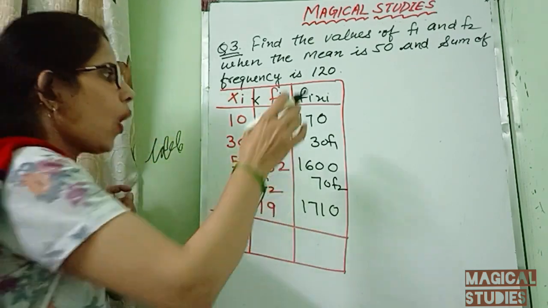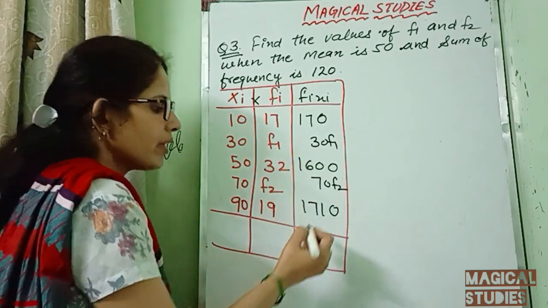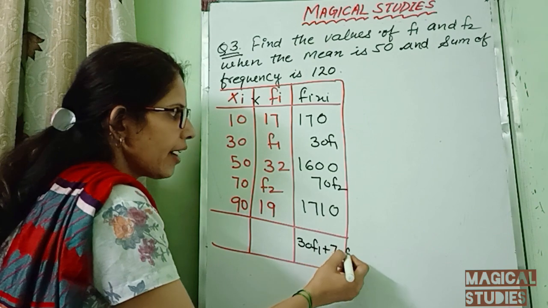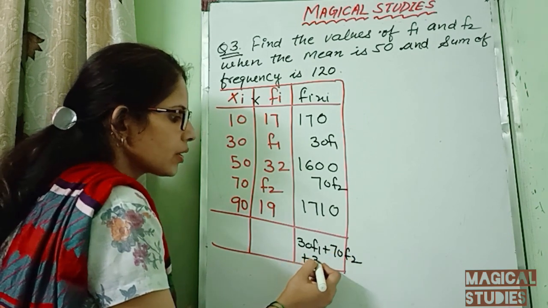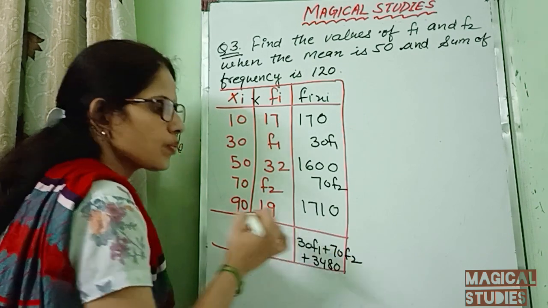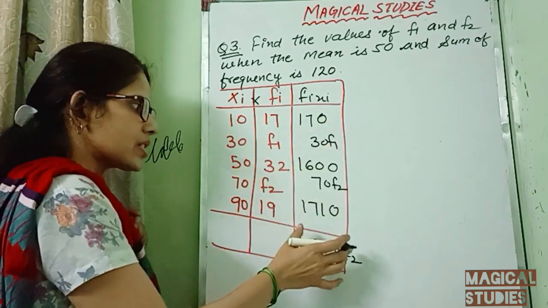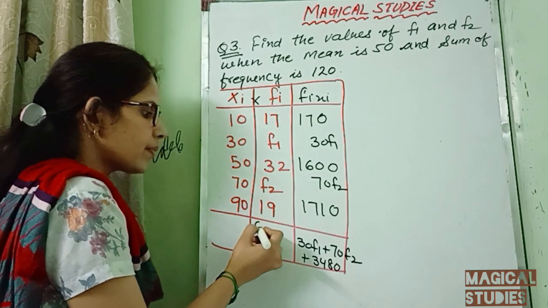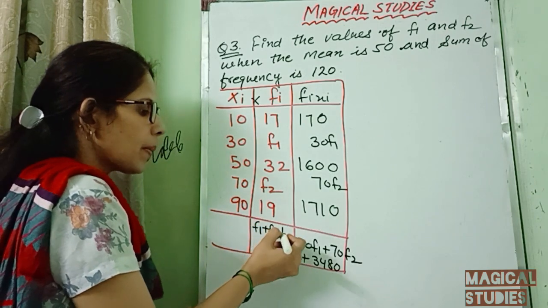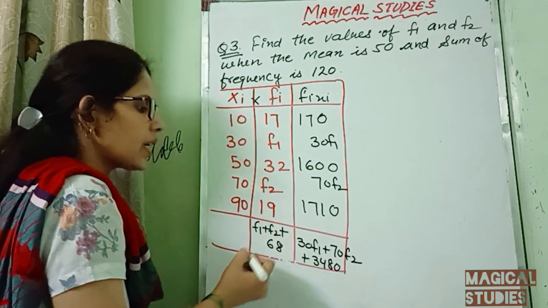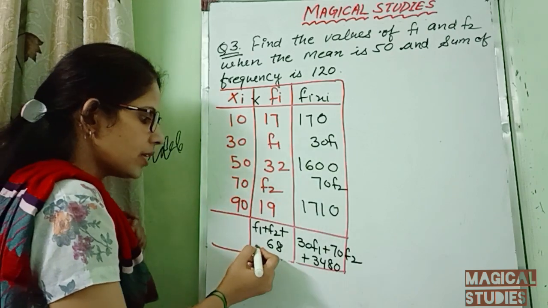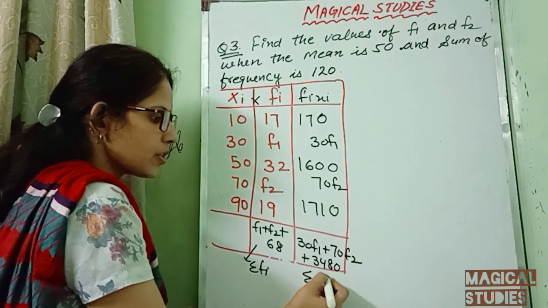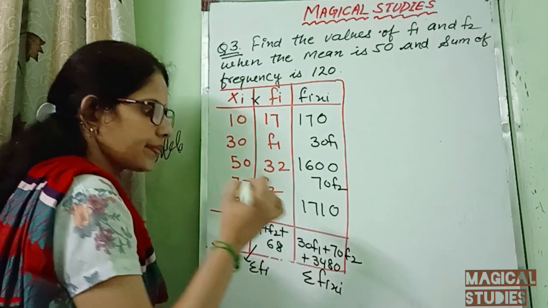When we add all these numbers, we get 30f1 plus 70f2 plus 3480. And from here we get f1 plus f2 plus 68. This is the value of summation fi, and the other is the value of summation fi xi.